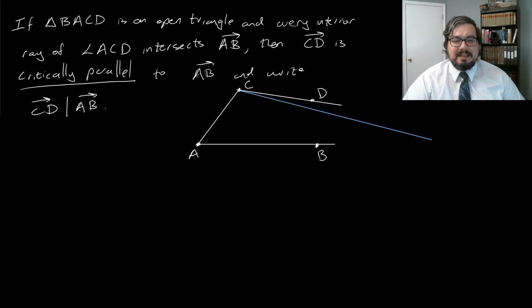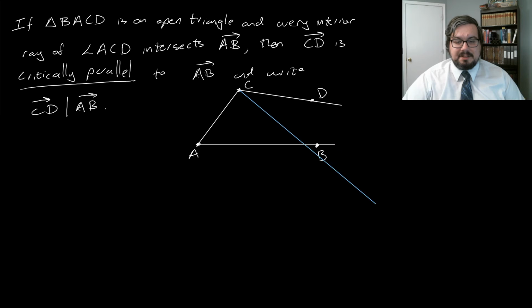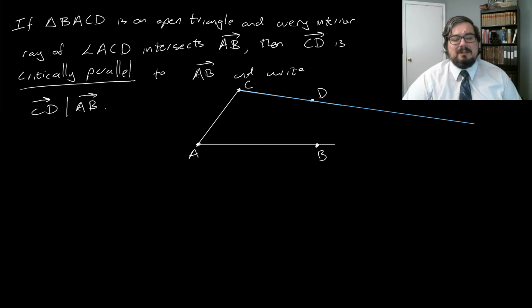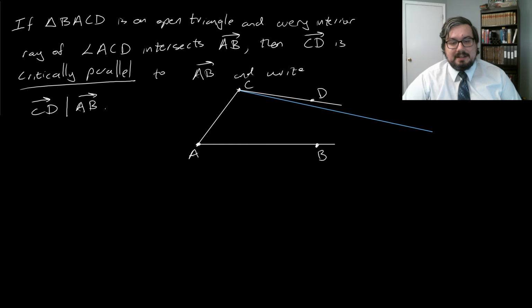If I took any ray that lies in the interior of this angle ACD, then it would intersect the ray AB. So in other words, this ray CD has come down as close to the ray AB as possible without actually touching it. If I take anything even a little bit more inside, then this ray will intersect the ray AB.